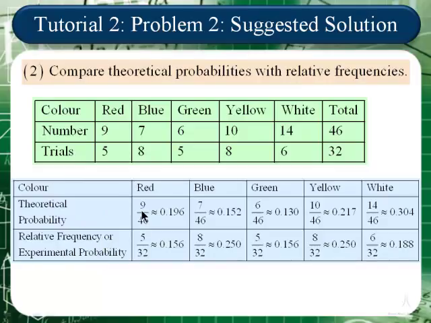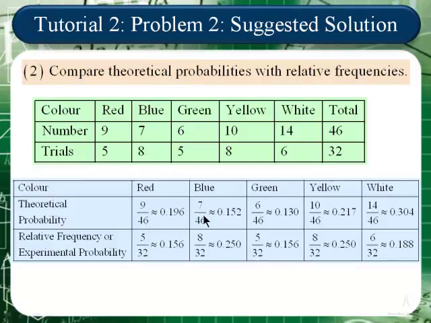So firstly, let's take the first part, the theoretical probability. Now in the bag there are 46 marbles in total, so the probability of the marble drawn being red is 9 out of 46, or approximately 0.196 or 19.6%.